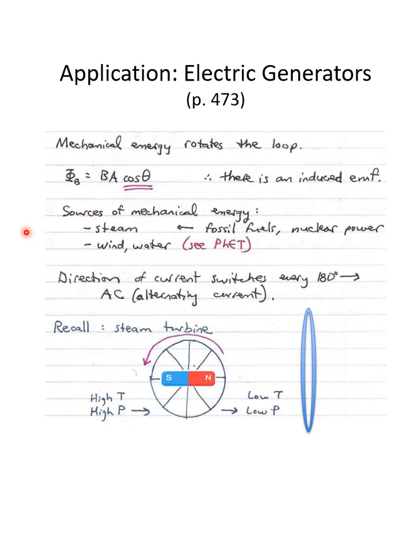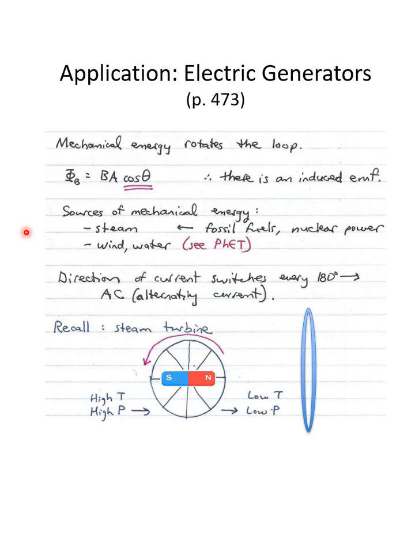Now, the sources of mechanical energy for a generator can come from steam. And down below, I draw a steam turbine. In our electrical power plants, where electricity is produced, that steam might come from burning of fossil fuels. It might come from nuclear power. It can come from wind or water power.